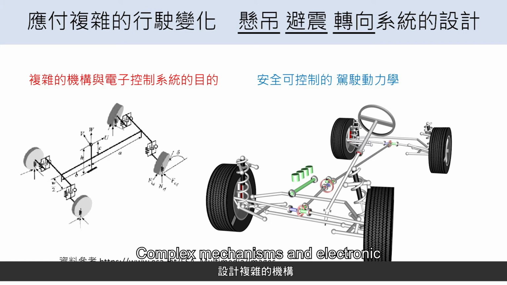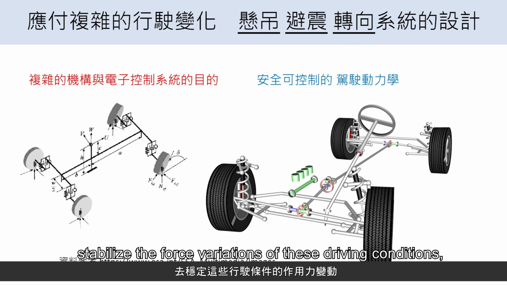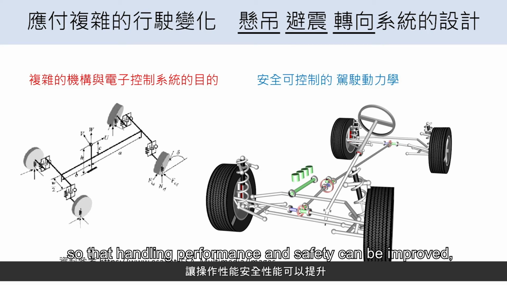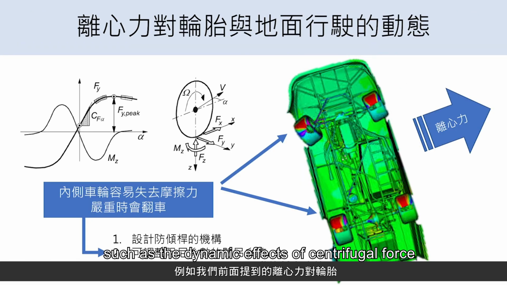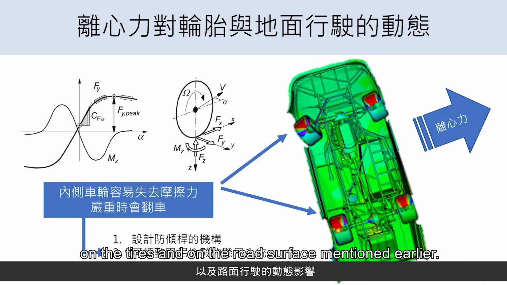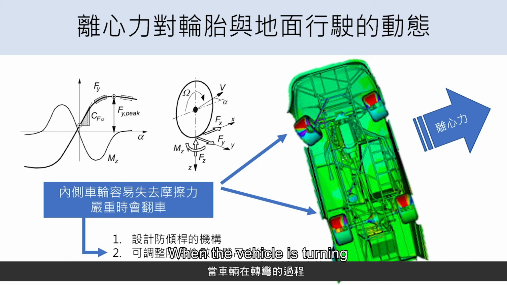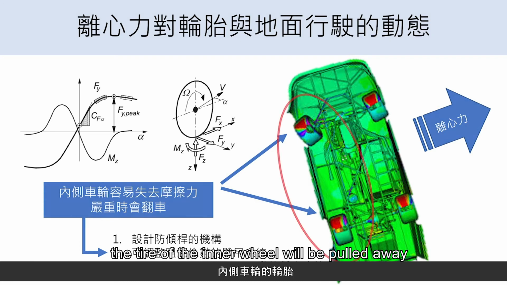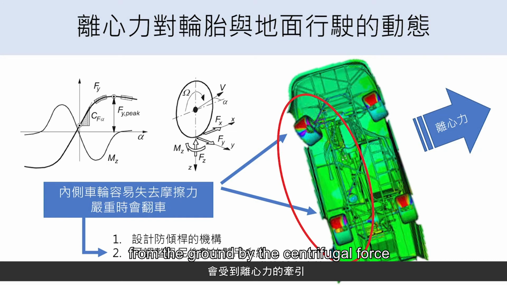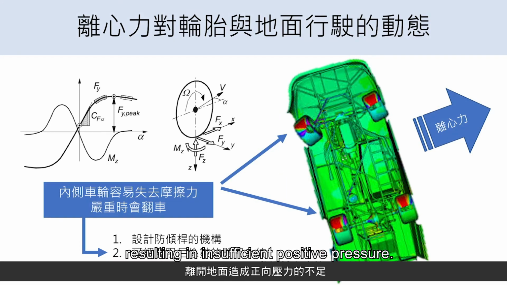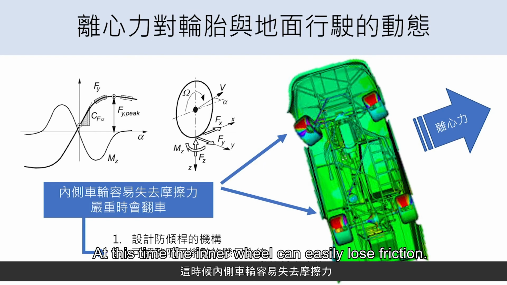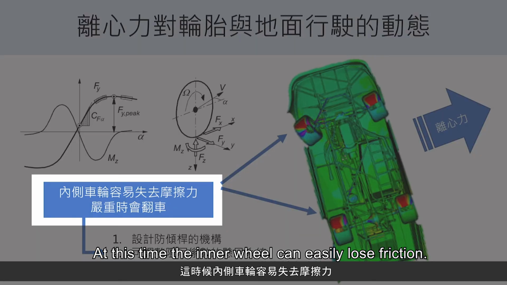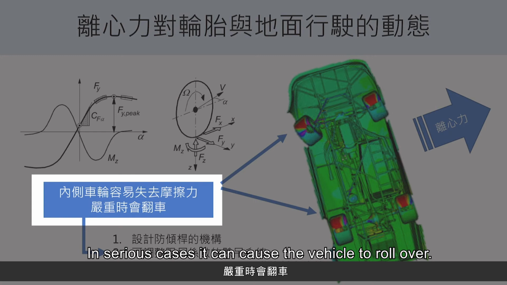Complex mechanisms and electronic control systems are designed to stabilize the force variations of these driving conditions so that handling performance and safety can be improved, such as the dynamic effects of centrifugal force on the tires and on the road surface mentioned earlier. When the vehicle is turning, the tire of the inner wheel will be pulled away from the ground by the centrifugal force, resulting in insufficient positive pressure. At this time, the inner wheel can easily lose friction. In serious cases, it can cause the vehicle to roll over.